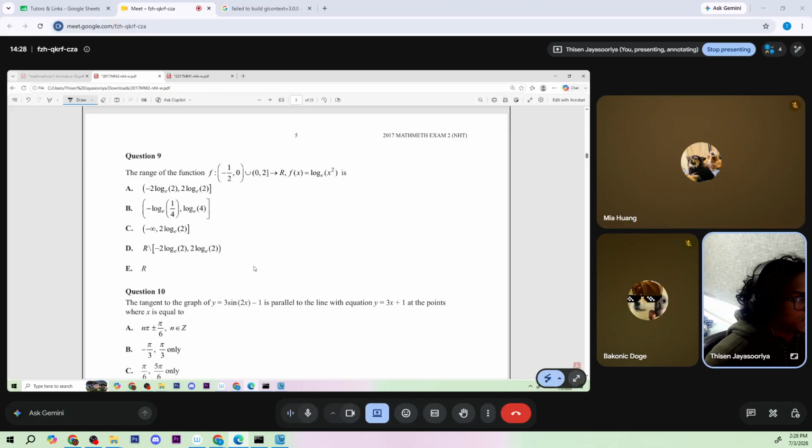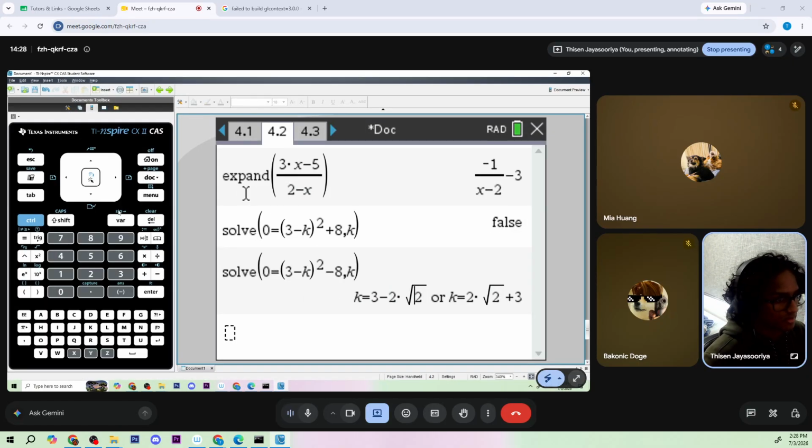So here it says the range of this function between these 2 points. I want to remember that the domain has been changed. So let's have a look at this function here.